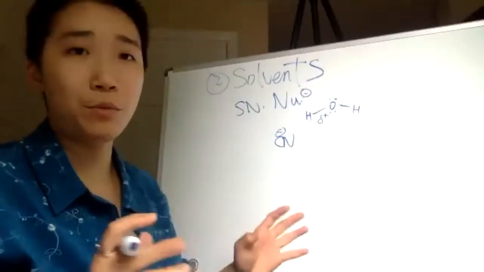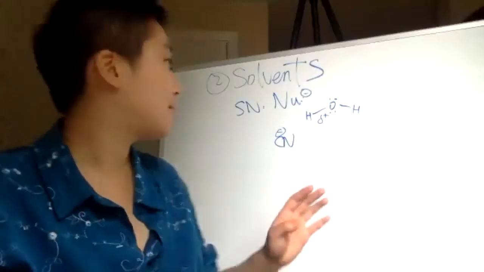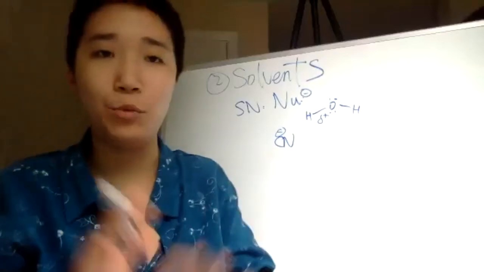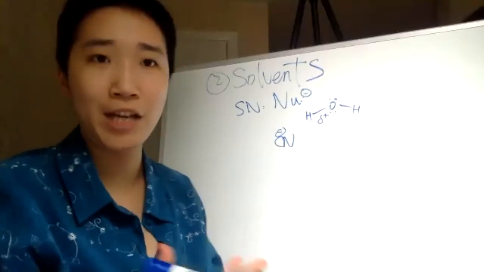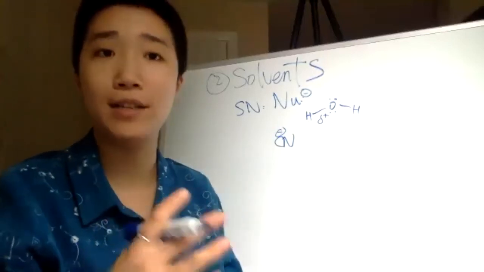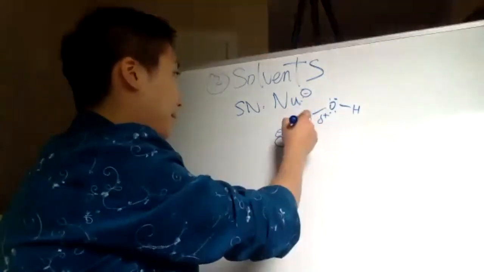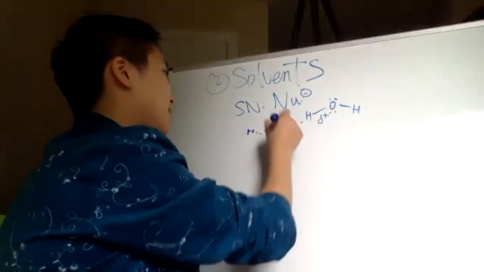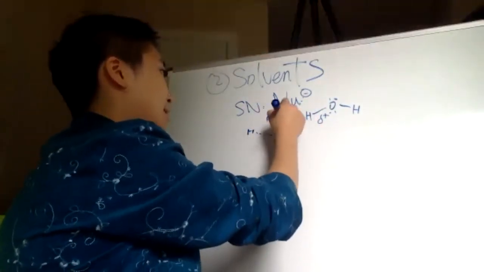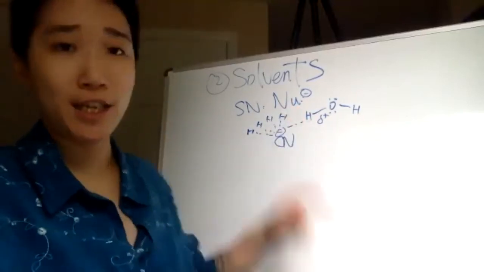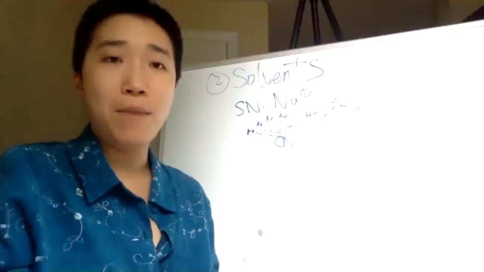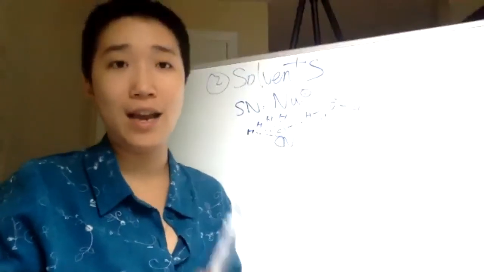So imagine we're in a sea of water, and now we have a negative swimming in the sea. All the positive H's are going to be attracted to the negative charge. So you're going to end up having a bunch of H's surrounding this part that was initially meant for attacking an electrophile.